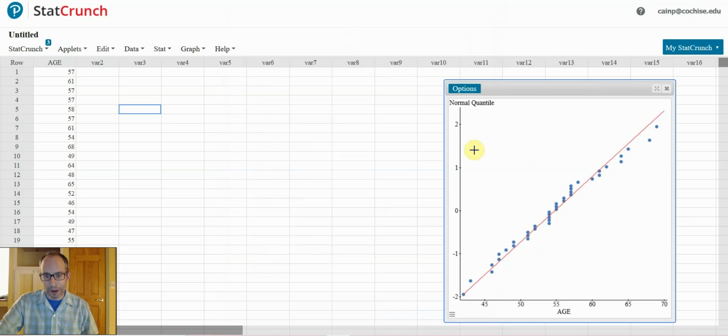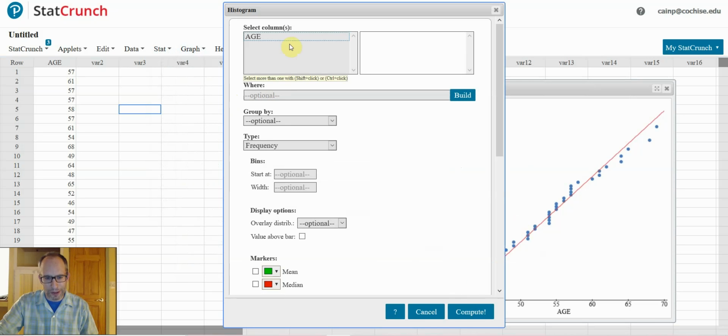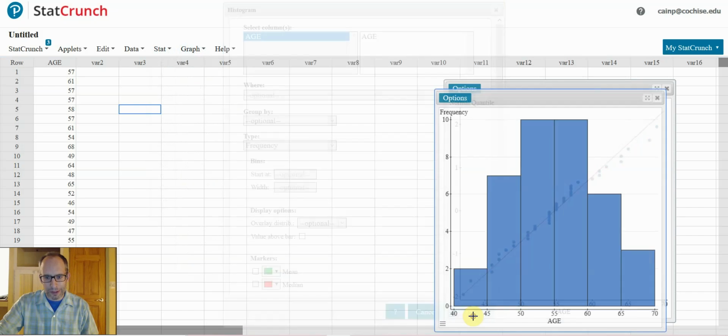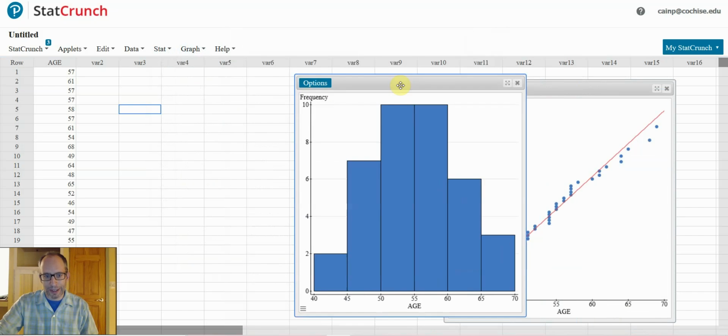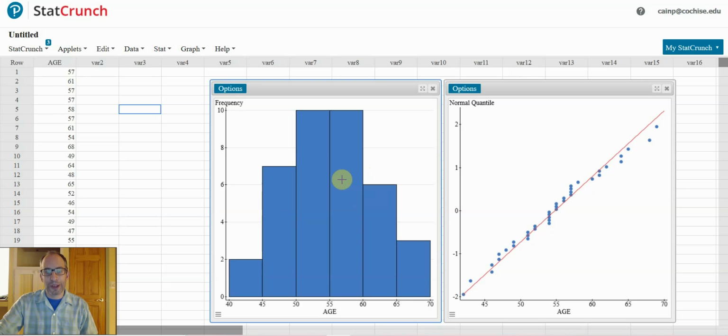And I guess we should probably also check the histogram. So let's see if we can make both and have them both as pop-up windows at the same time? I think we can. Yeah. Okay, now we can have them right next to each other. Okay, so you look at that one and you go, yeah, that looks ridiculously symmetric. Just look at that histogram. And I think if you were going to go through the progression of graphs, if you graph the histogram first, you'd go, yeah, we're fine, right?